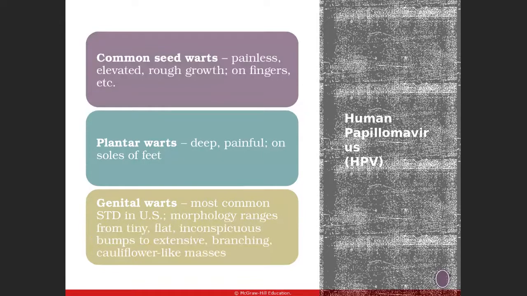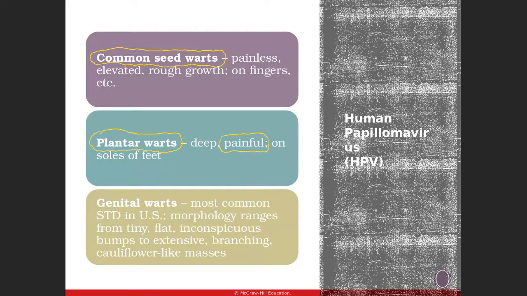There are two types of warts. The first one is called the common seed wart. This is on the skin of the body, in our hand, maybe our leg. The other one is called the plantar wart. This is a little bit bigger and painful, because if you have this, it's difficult to walk or wear shoes, for example.